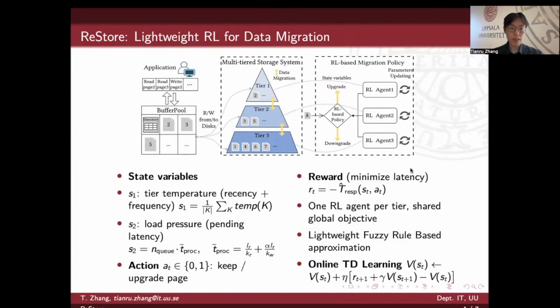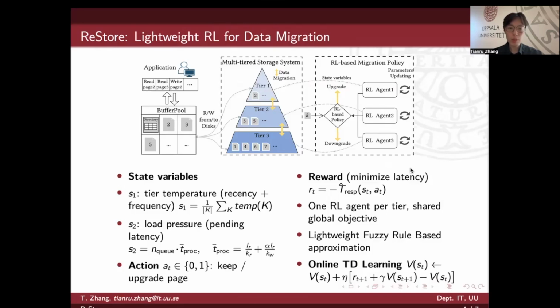We define the state variables using highly relevant factors such as the temperature, which is the representation of the recency and frequency of page accesses, and also the S2, which is the load pressure of each tier, representing how many tasks are pending on the tier.